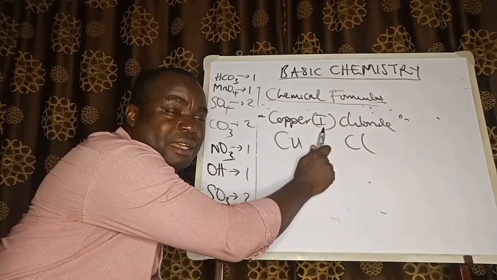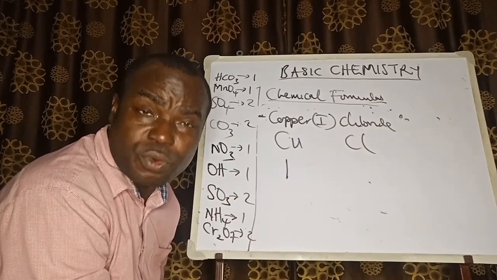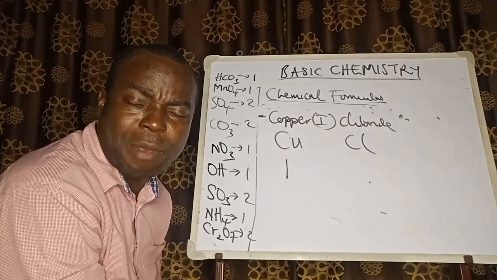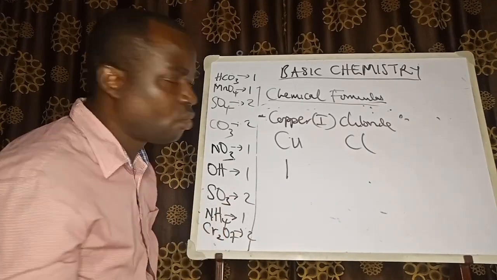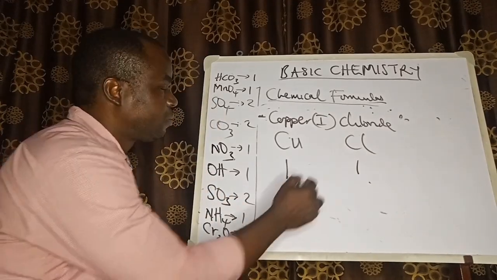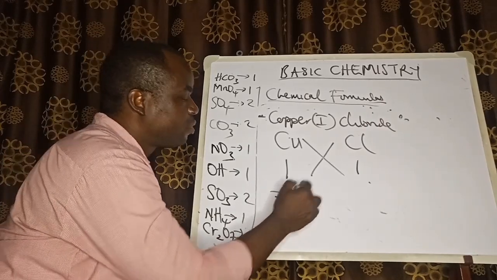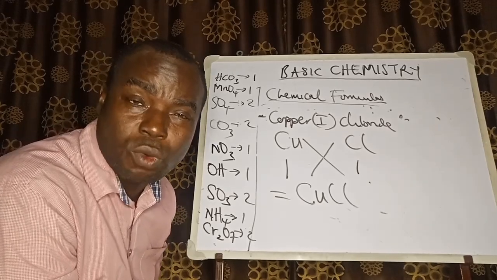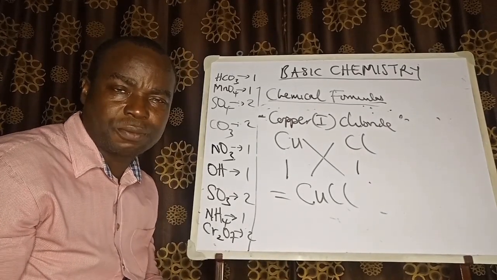It is already in the bracket here, so it's 1. What is chlorine? That's number 17, right? Which is 2, 8, 7. So the valency is 1. Okay, now switch. It will give me CuCl. That's copper 1 chloride. I hope you are getting the understanding now.